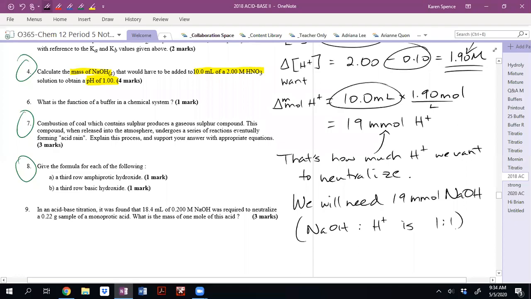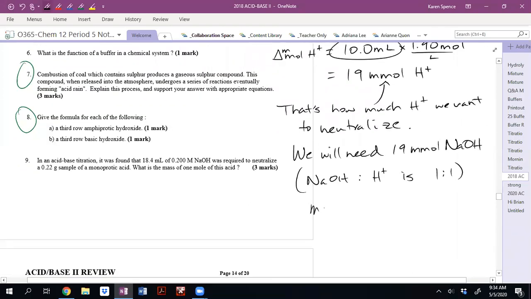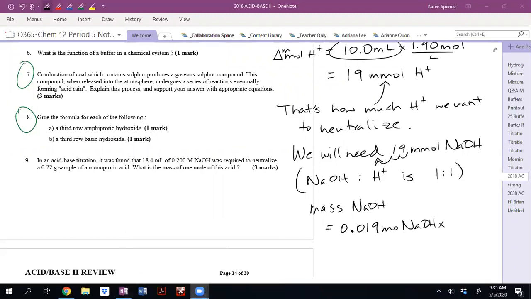Okay, and that means that the mass of NaOH is equal to 19 millimoles. Now I don't actually want it in millimoles, I want it in moles because I'm going to be using molar mass, so that's going to be 0.019 moles of NaOH times the molar mass of NaOH.